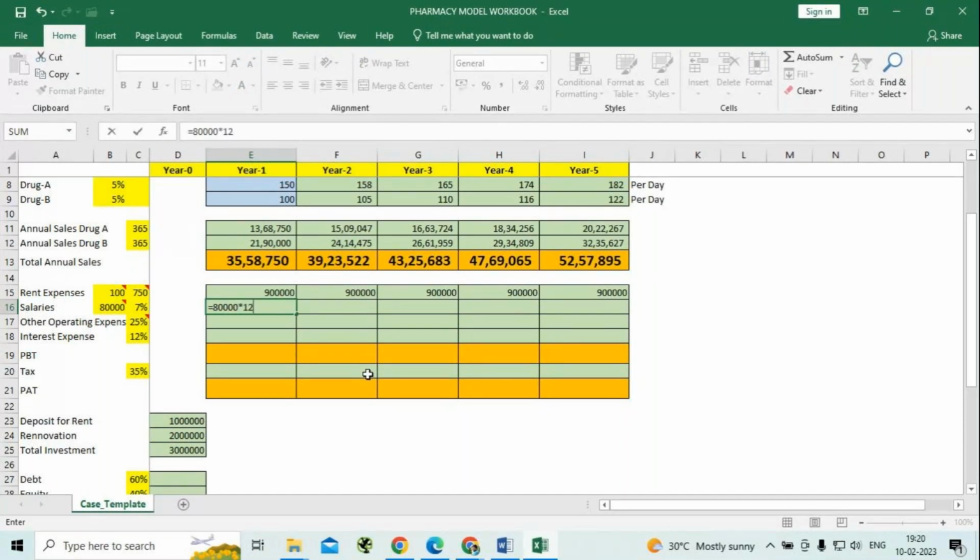Every month 80,000, so per year it will cost 9,60,000, and on this there is an increase of the salaries every year at 7%.